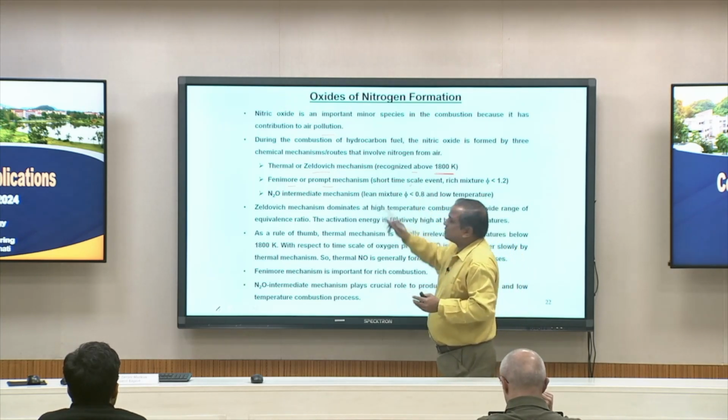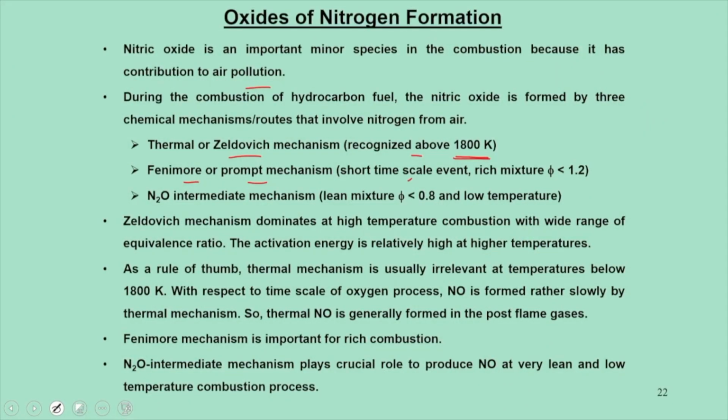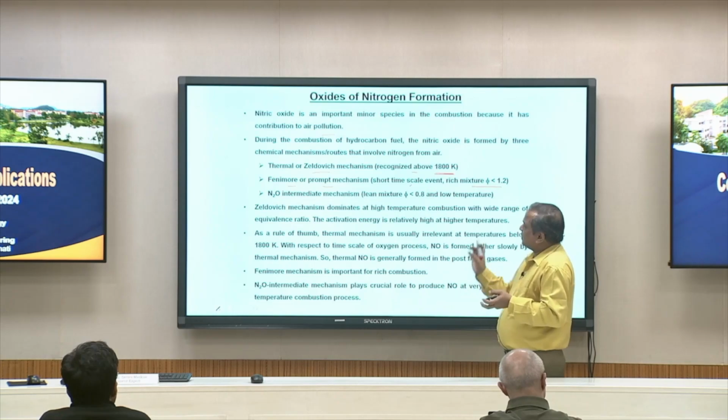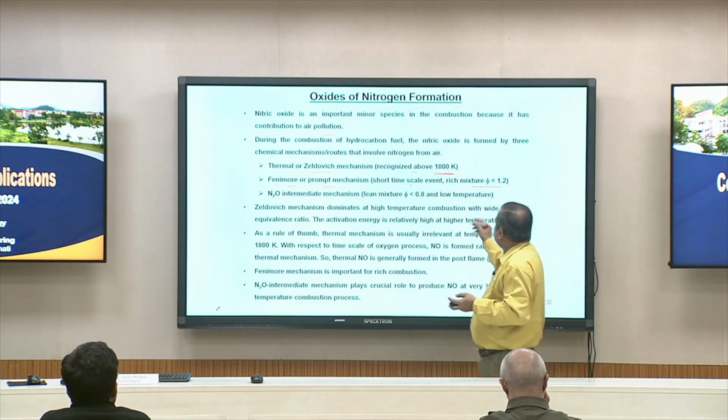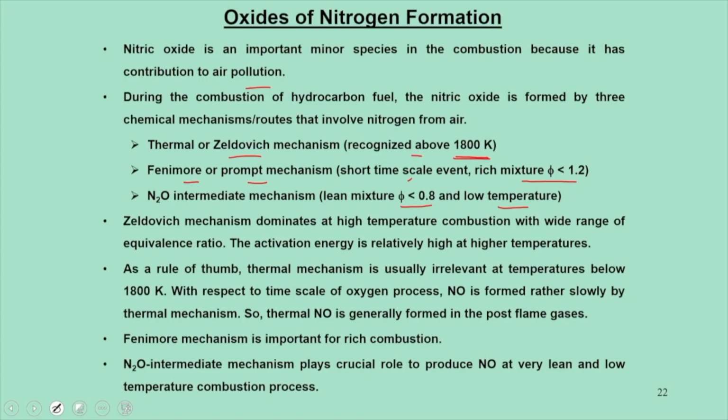Because of this reason, we see NO for rich mixtures. N2O is another intermediate mechanism, which really doesn't have an identity, it is either NO or NO2, but N2O is a compound mainly seen at low temperatures and lean mixtures.